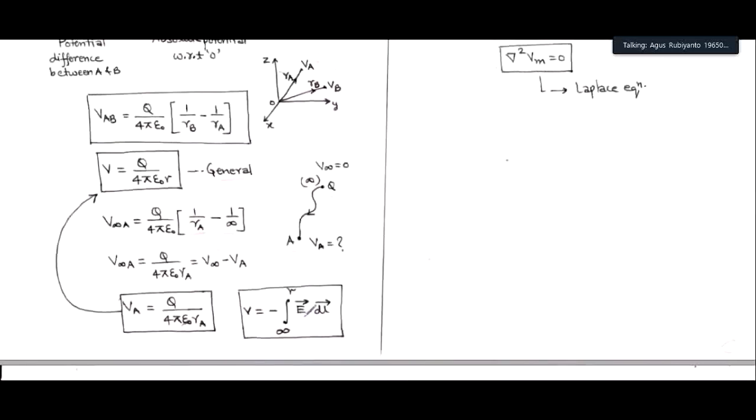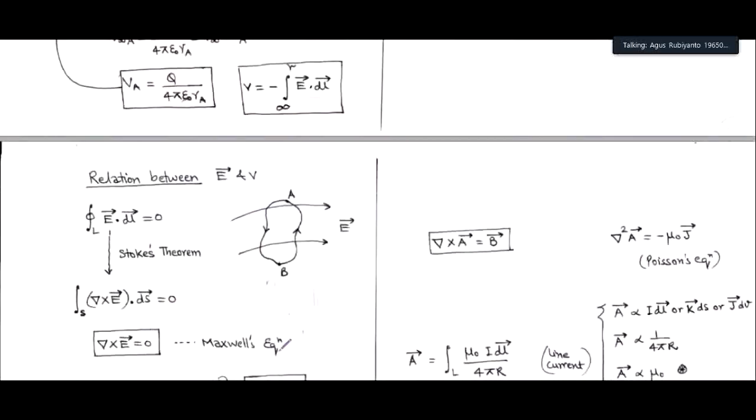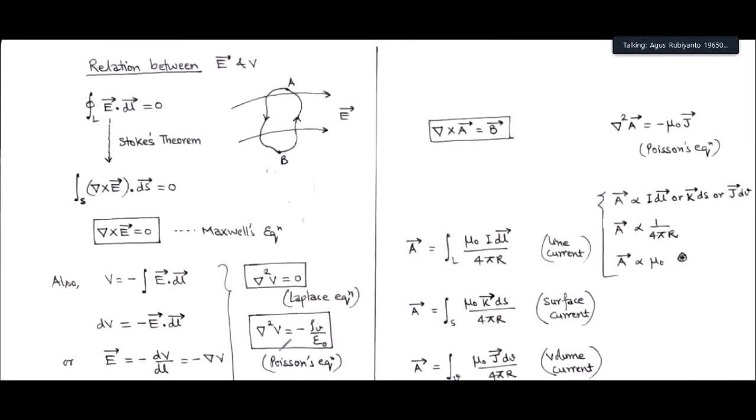Now we discuss the relationship between electric field intensity E vector and electric potential V. For this we consider an electric field. In this electric field we consider 2 points A and B, and when we displace any test charge from A to B or B to A around a closed path, we get a closed line integration E vector dot dl vector, and its value is always 0.